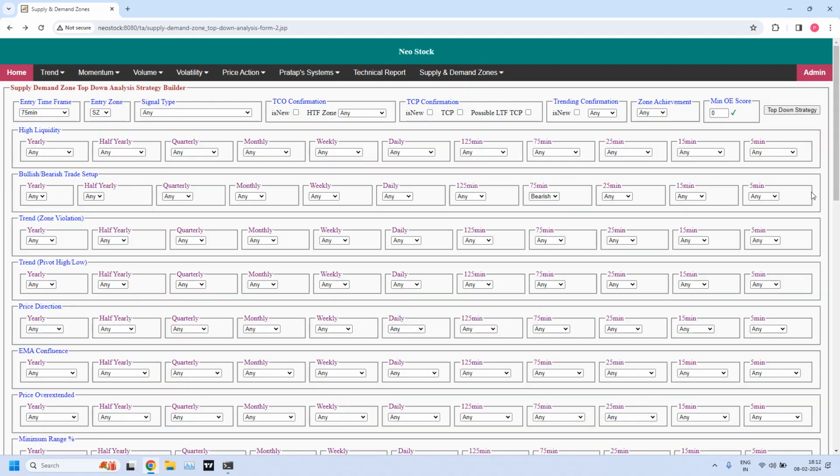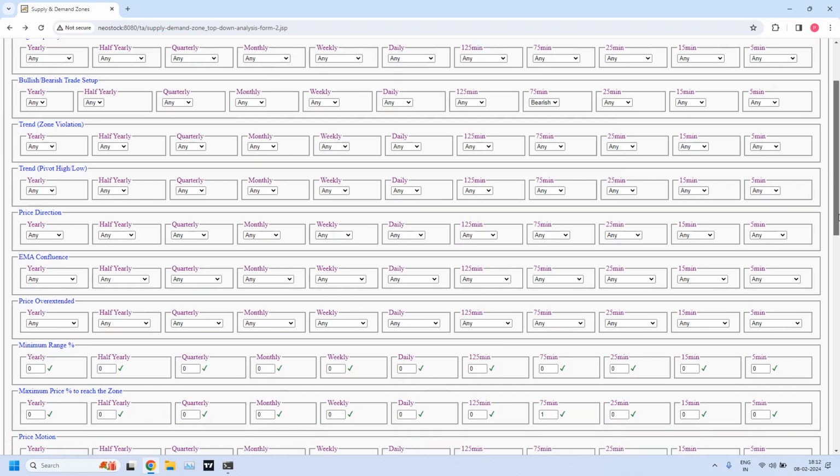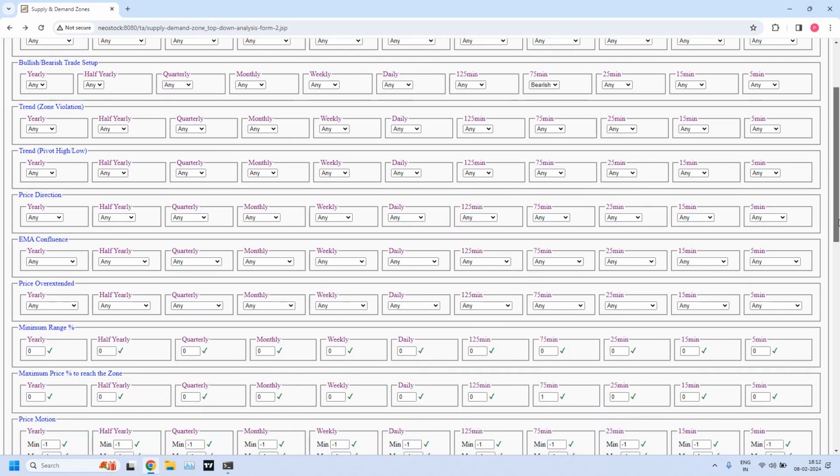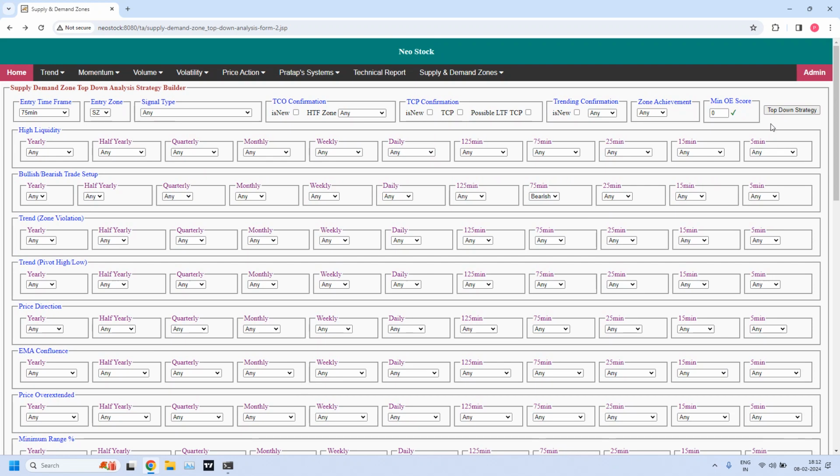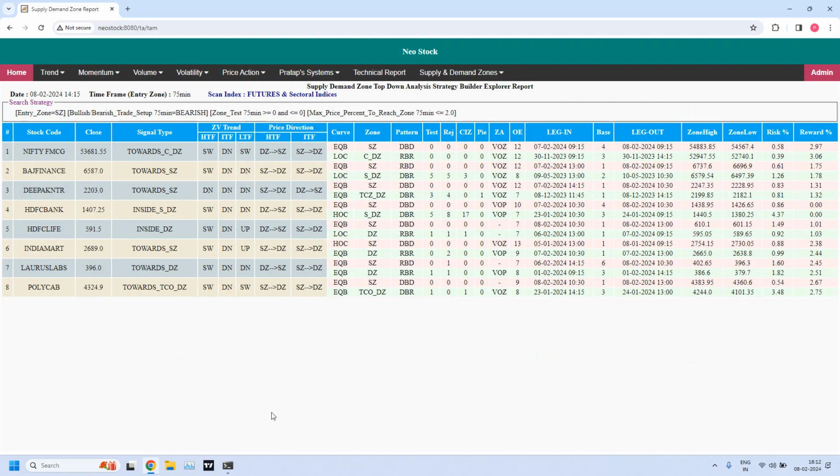Okay, now let us see within 2% range how many stocks are there. Maximum price percent to reach the zone within 2%. 8 stocks are there within the 2%.